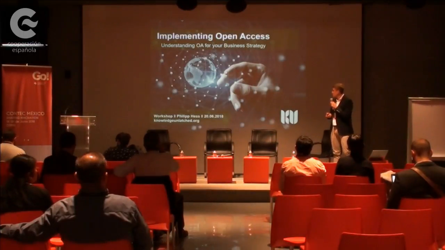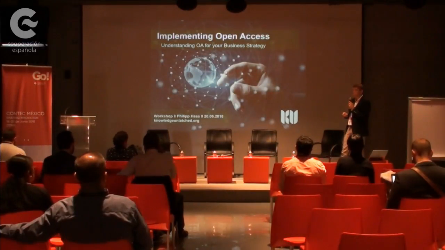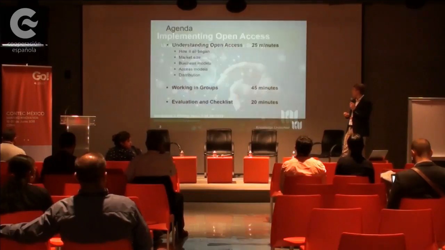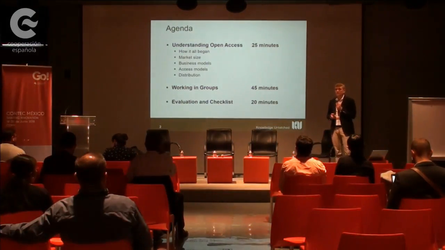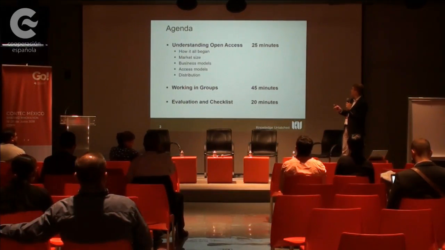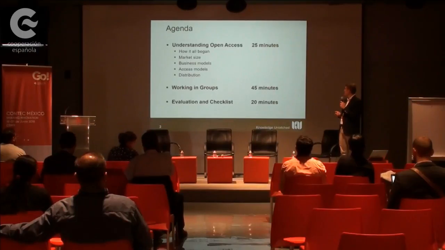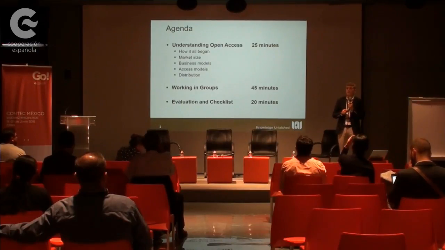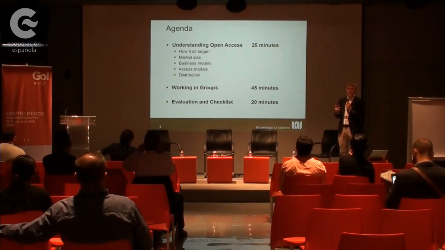So to get started, we will first of all start with a little understanding of open access. So what does it actually mean? I'm just giving you a little insight on what is going to happen. And after that, we're going to have a little workshop. So we are going to split you up in groups and tell you what to do.